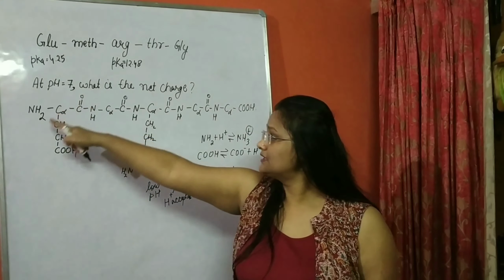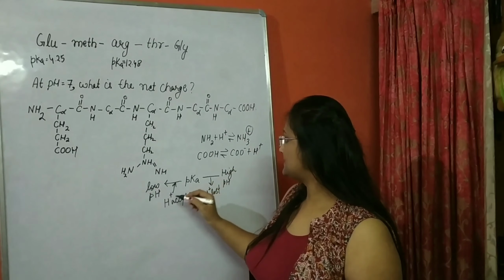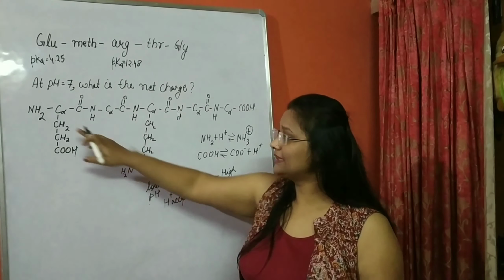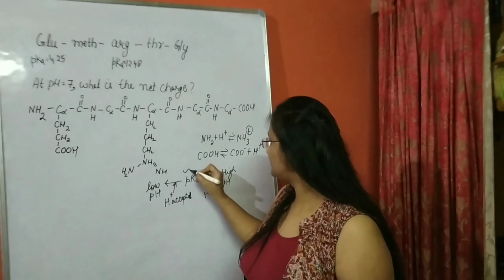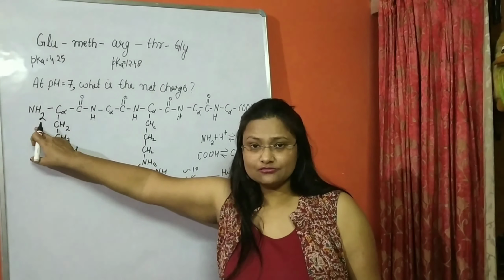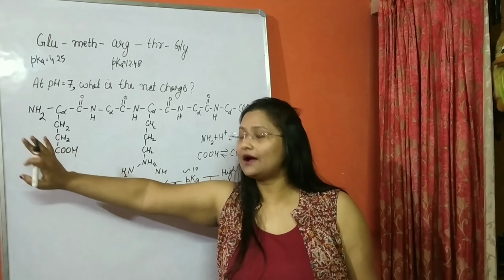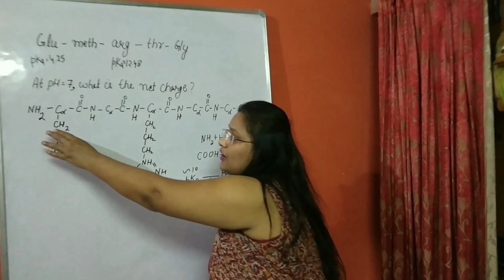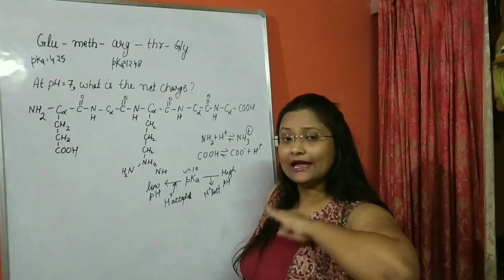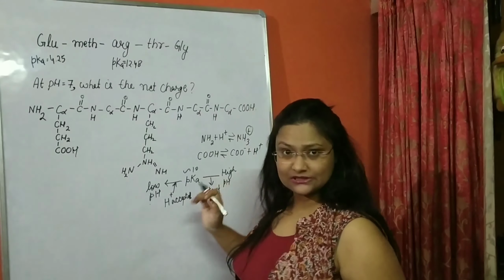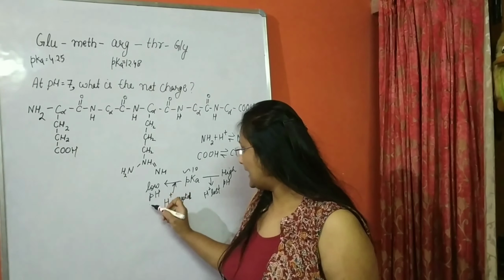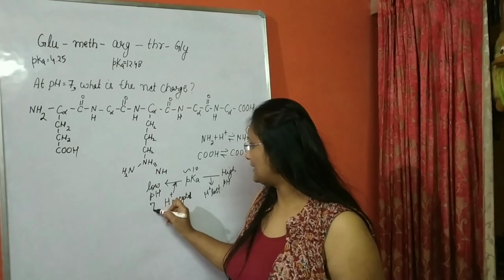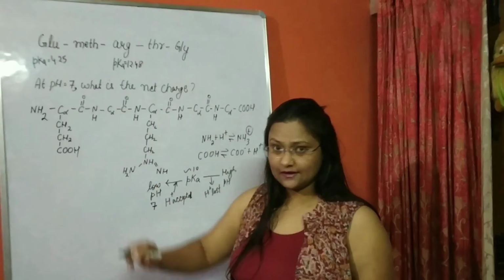Here pH is 7, and the pKa of the NH2 group on the extreme left is almost 10, and the pH at which it is kept is 7, right?